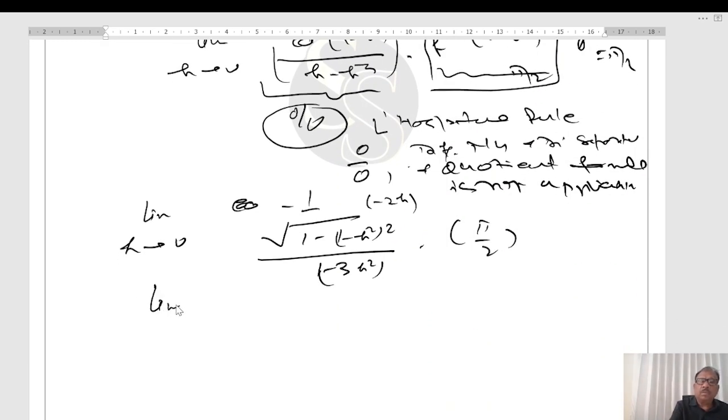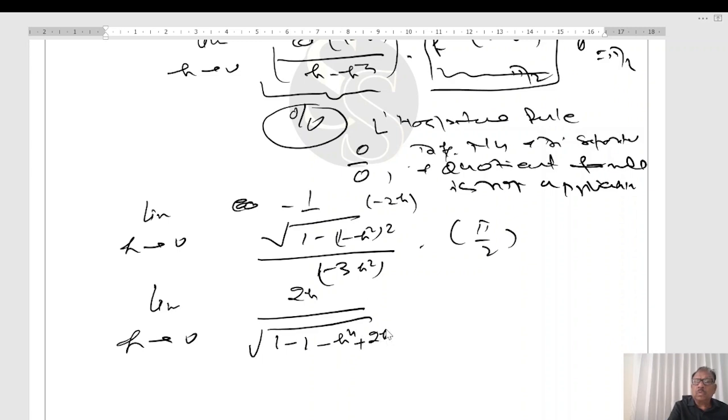Limit h tends to 0, 2h upon under root of 1 minus h to the power 4 plus 2h square, into 1 minus 3h square, into pi by 2.